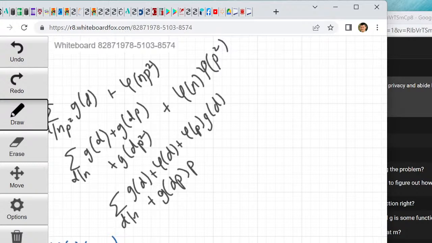Which, yeah, I can just do it again. Do it again. Replace this by g of d, phi of p plus g of phi of d. And this is all multiplied by p.